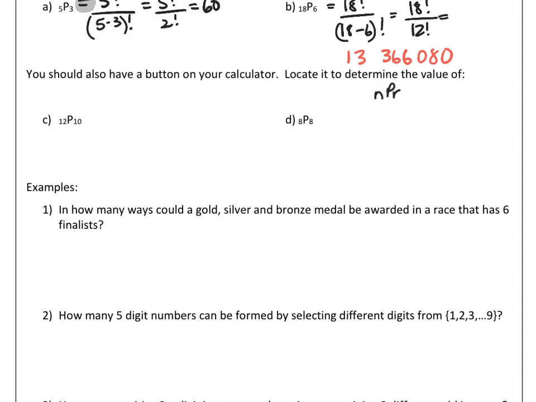But we can use our calculator to determine the values given, starting with 12P10. So we can just use our calculator button to do that. And 12P10 is 239,500,800. And 8P8, oops, 40,000, not 43,000, 40,320.